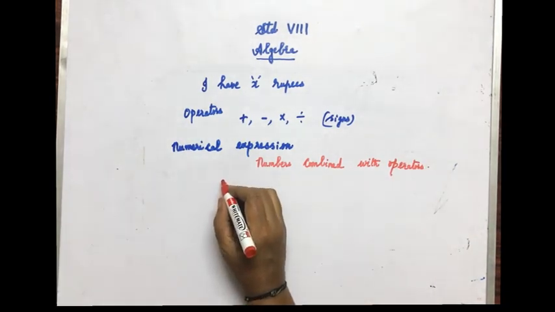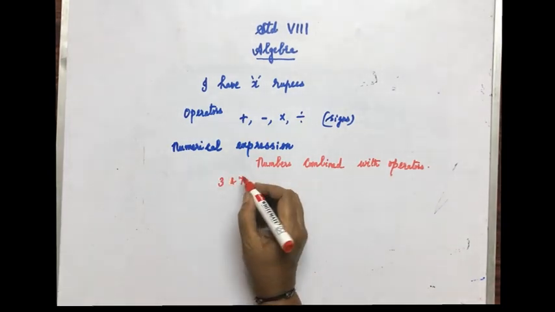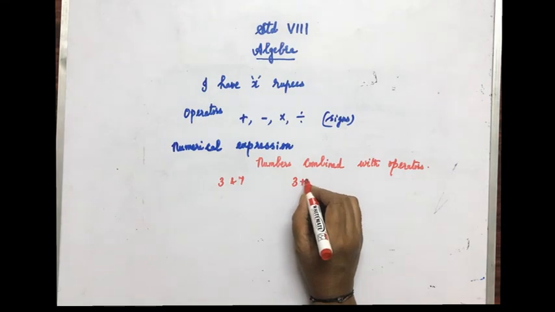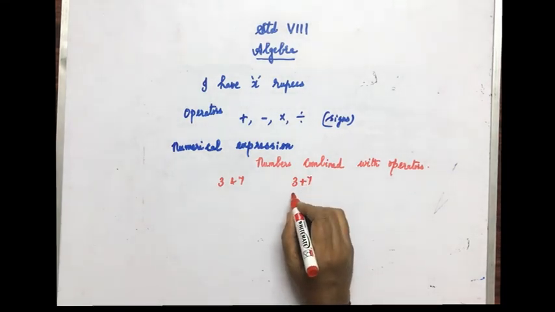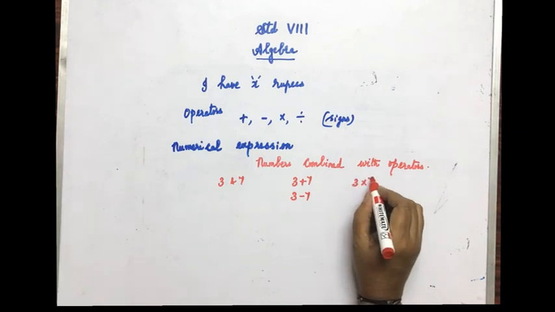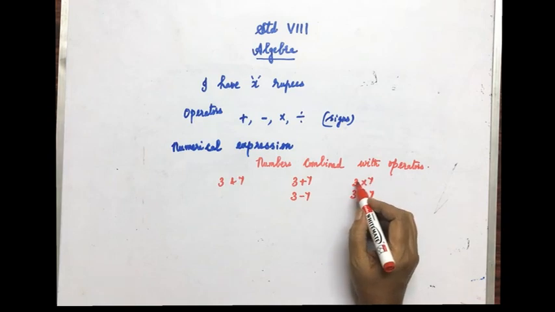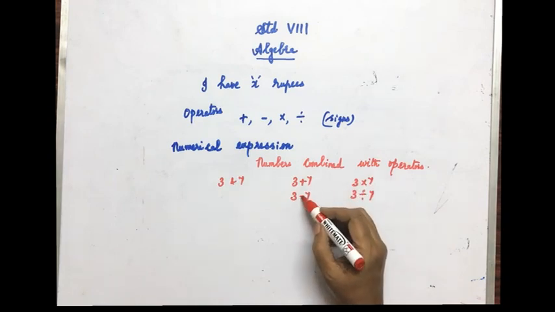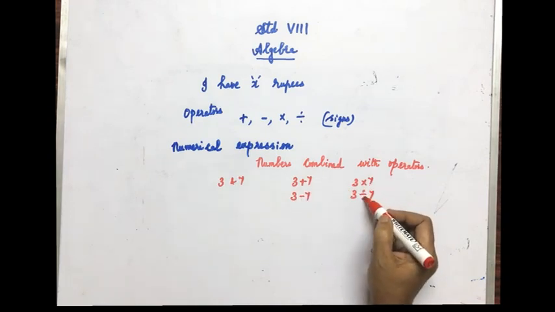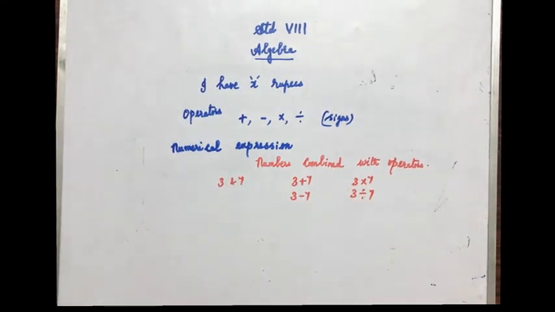For example, if you take two numbers 3 and 7, how can you combine 3 and 7? We can write 3 plus 7, 3 minus 7, 3 into 7, 3 divided by 7. So we have combined two numbers using plus, minus, into, divide. So these are all examples of numerical expressions.